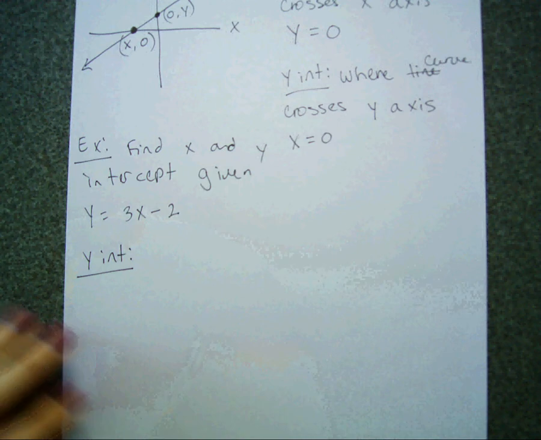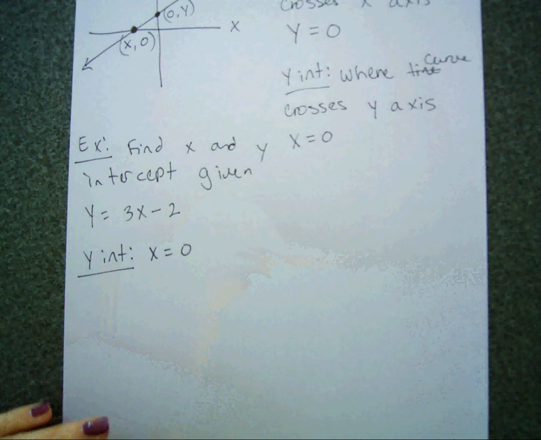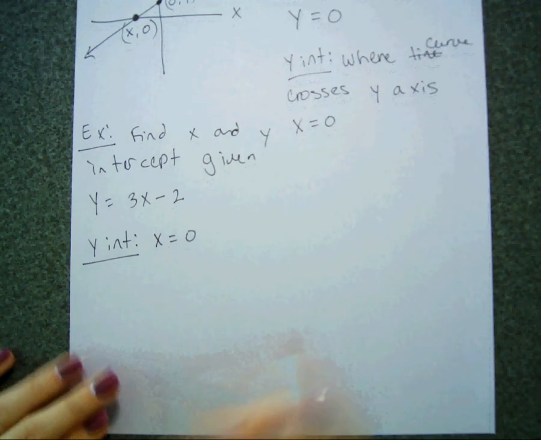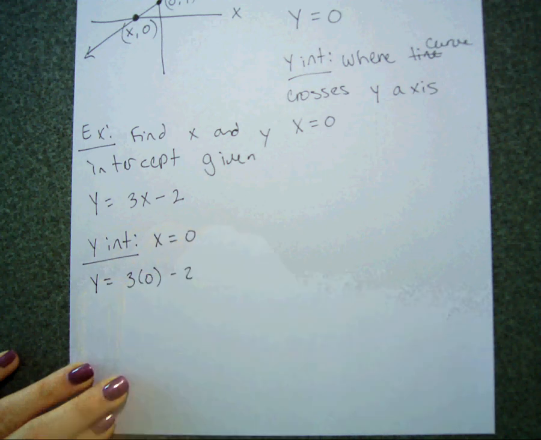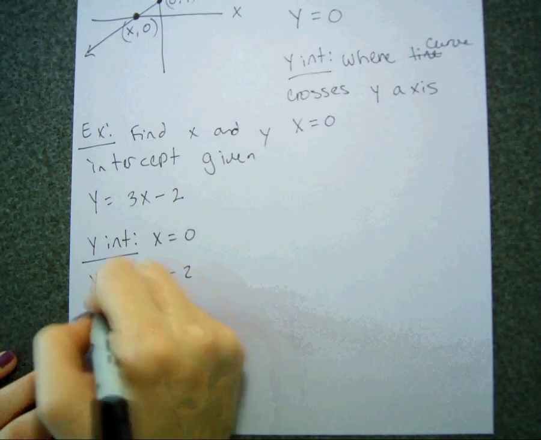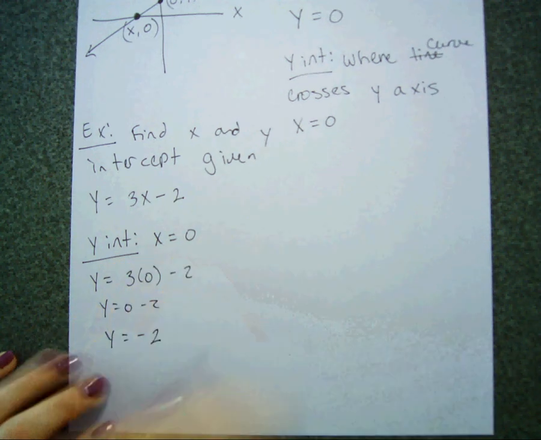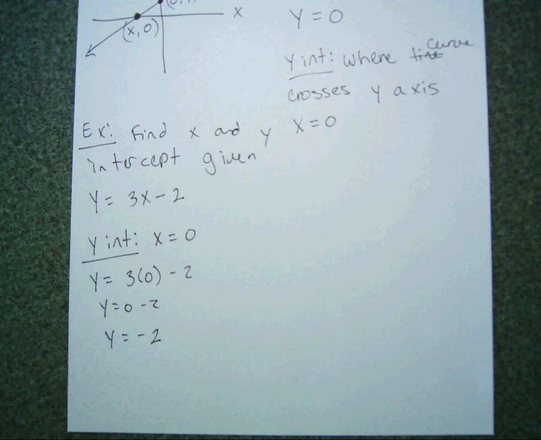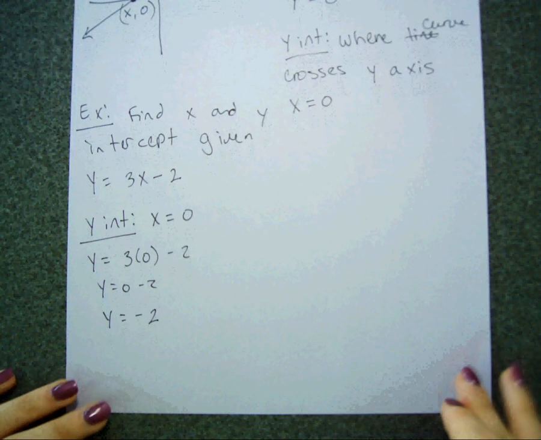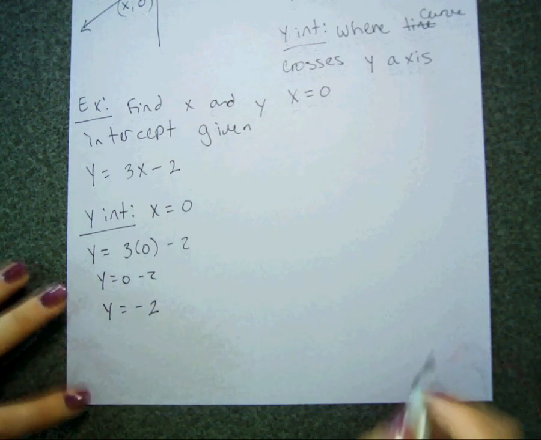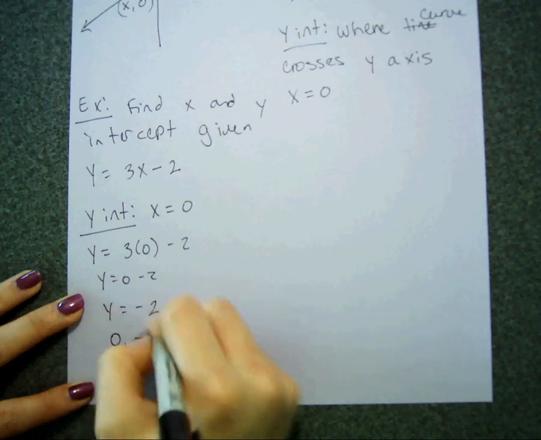I'm going to use the fact that x is equal to 0 at my y-intercept, so I plug in what I know. I have y equals 3 times 0 minus 2. 3 times 0 is 0, so y equals 0 minus 2, so y equals negative 2. So I know my line or my curve, depending on what the graph looks like, crosses the y-axis at negative 2. That ordered pair, if we were asked for it, would be (0, -2).